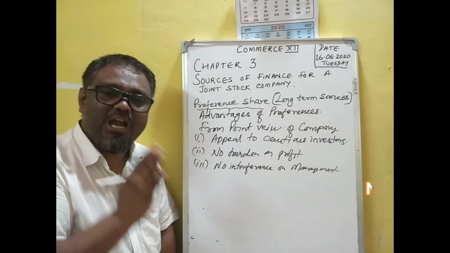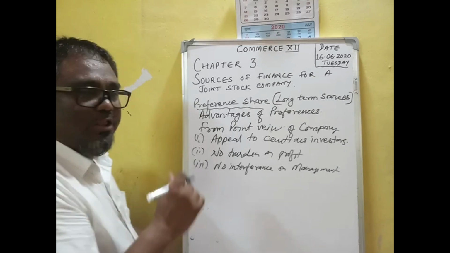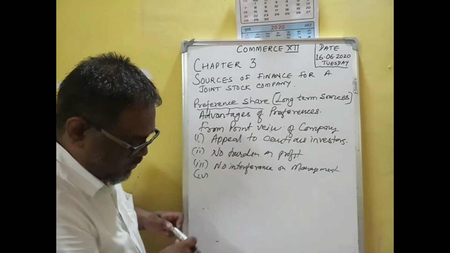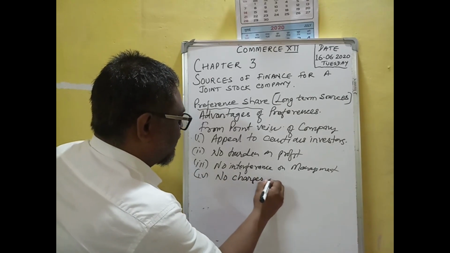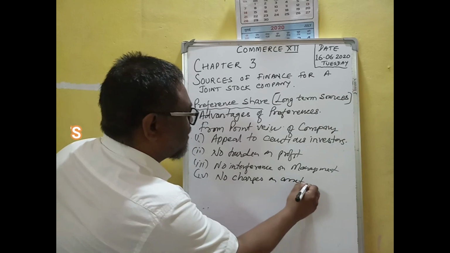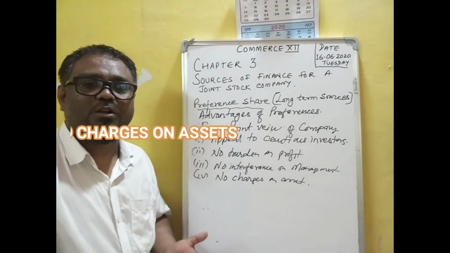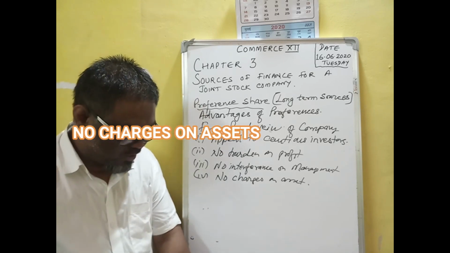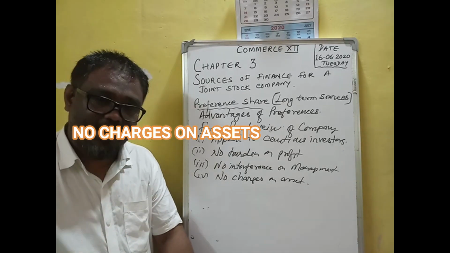So this is an advantage from the company's point of view, because preference holders cannot interfere in the management. Number 4, no charge on asset. When the company issues preference shares, it does not keep any asset under mortgage to the preference holders.